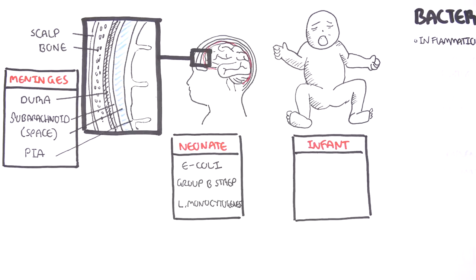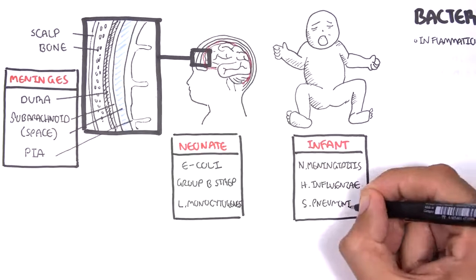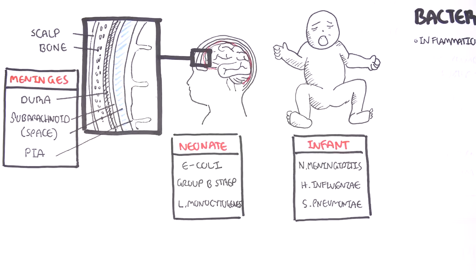In infants, there are usually different causative agents of bacterial meningitis, such as Neisseria meningitidis, Haemophilus influenzae, and Streptococcus pneumoniae. And these are the main causative agents also for young adolescents as well as young adults.